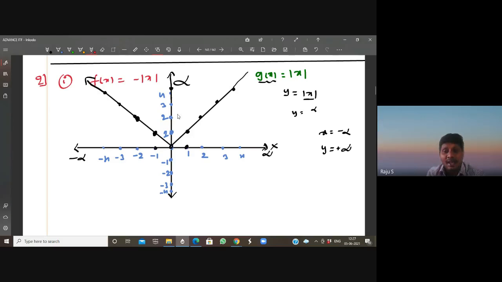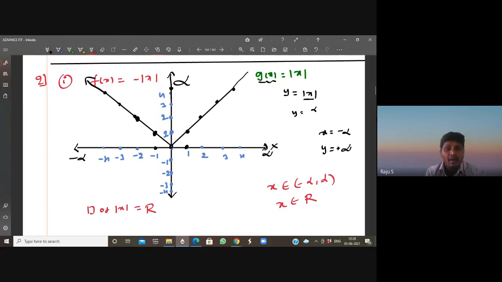Exactly. The graph can go from minus infinity to plus infinity. So x can take the values minus infinity to plus infinity. That is nothing but the real numbers. For every real number, for any value of x, we get a y value. So the domain of modulus x is the real numbers, meaning x can take values from minus infinity to plus infinity.